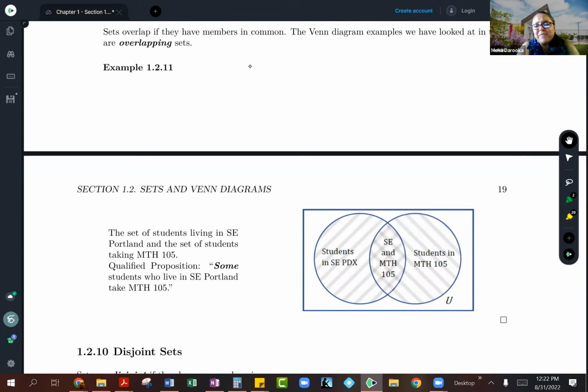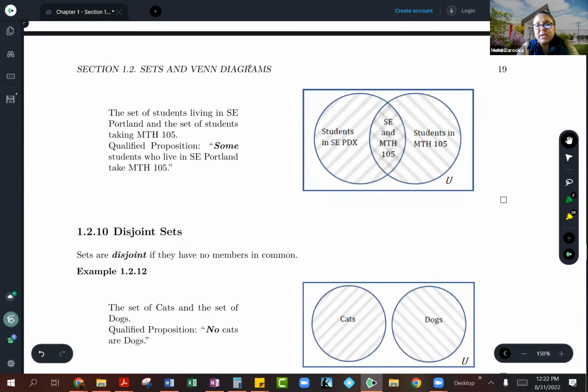Then there would be students who are both living in that area and also taking that class. So that would be your some: students who live in Southeastern Portland and take Math 105. Again, that's the intersection I was talking about.